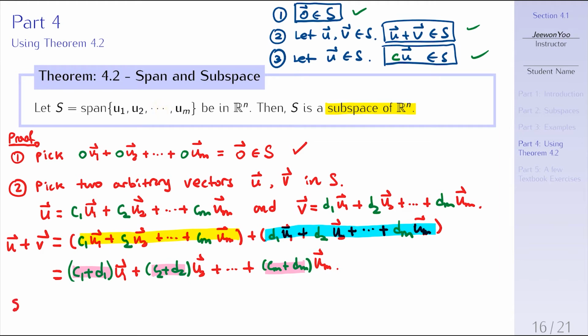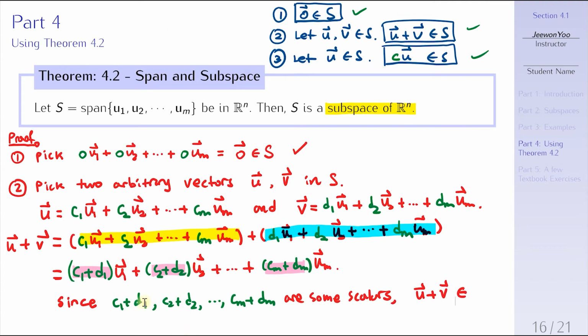Do you understand? Since c1 plus d1, c2 plus d2 up to cm plus dm are some scalars, u plus v is now written as a linear combination of u1, u2 up to um. Because it's a linear combination, it means u plus v is a family member of the family S. Congratulations, we've checked the second condition of subspaces.